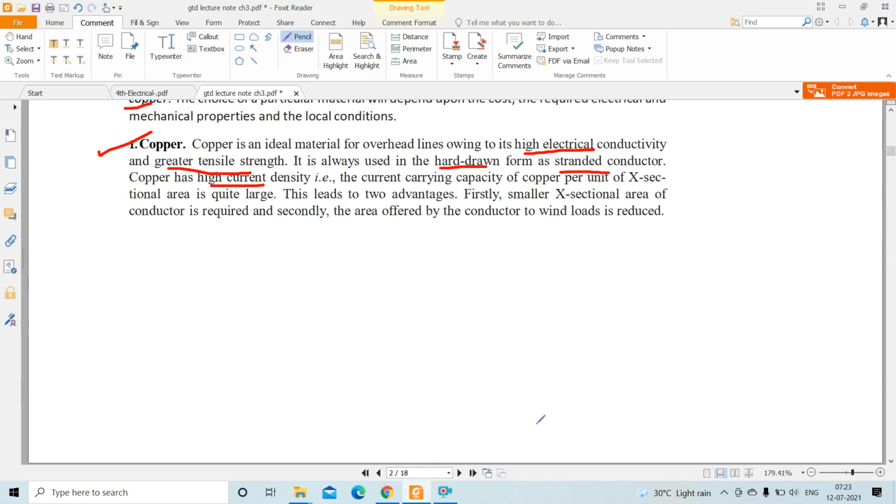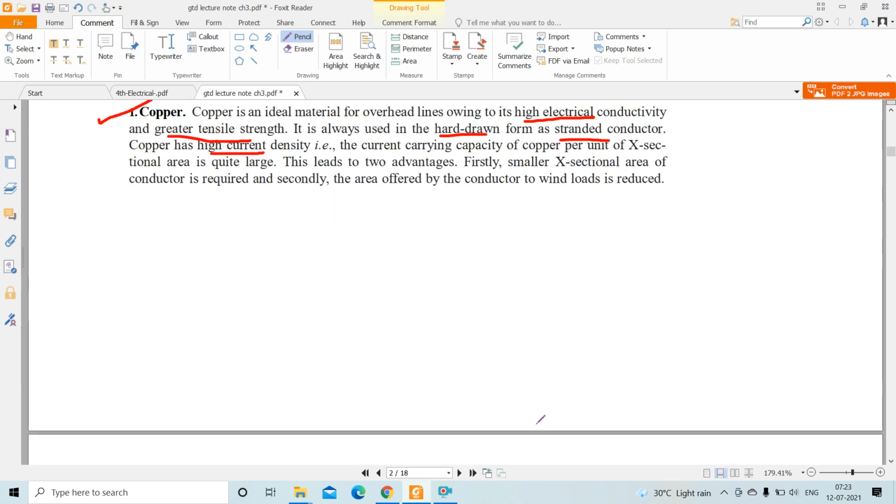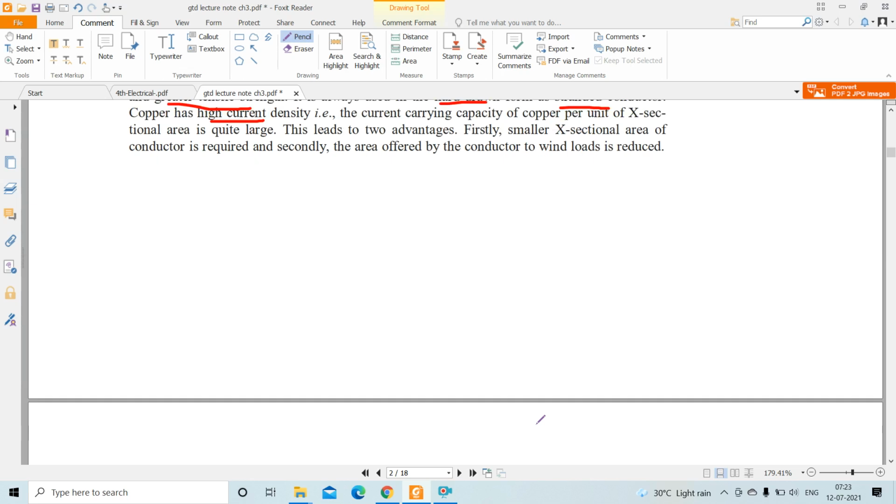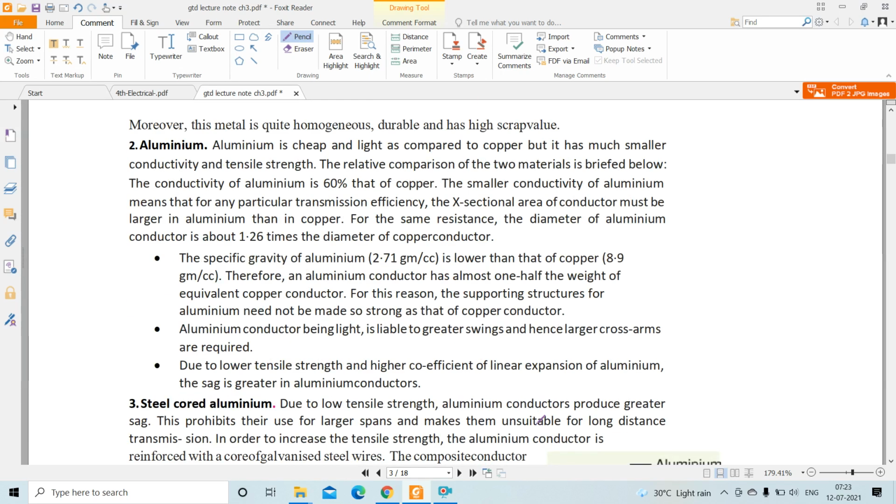The second advantage is the area offered by the conductor to wind load is reduced. If we are using a smaller cross-sectional area conductor, then the area offered by the conductor to wind pressure is obviously reduced. Next, this metal is quite homogeneous, durable, and has high scrap value.